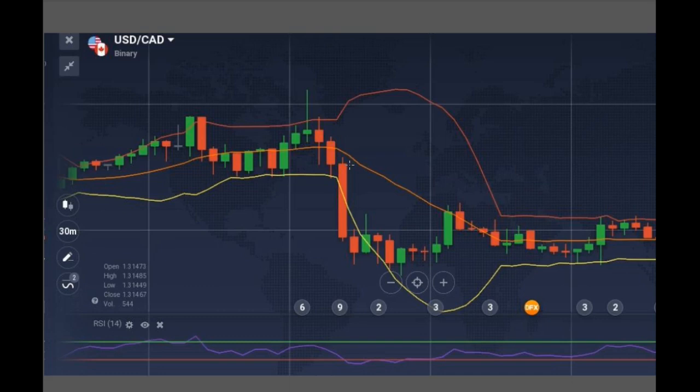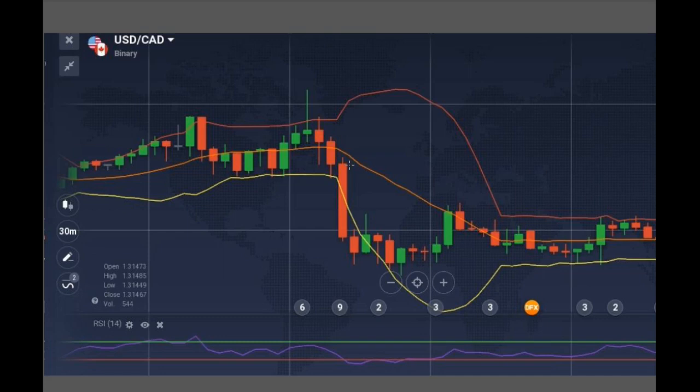If you are a newbie or a new trader, intermediate traders also, but intermediate traders can choose to go the path of binary options, the shorter time frames, because they have a measure of experience in the market. But new traders should settle for the longer time frames.